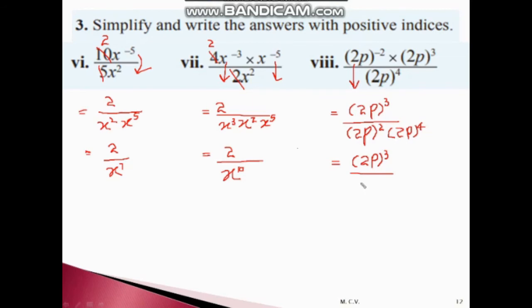Now there is a division. Bases are the same. Base is 2p. Equal bases are 2p. Then write the base as 2p. Subtract the indices. First index is 3. Second one is 6. 3 minus 6. 3 minus 6 is minus 3.